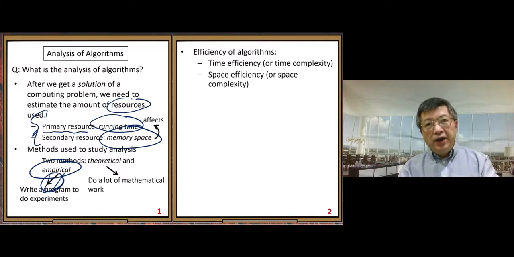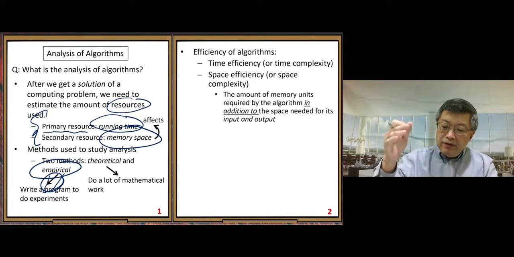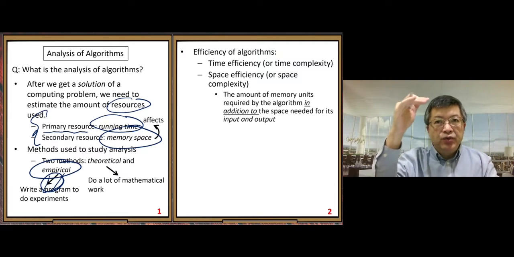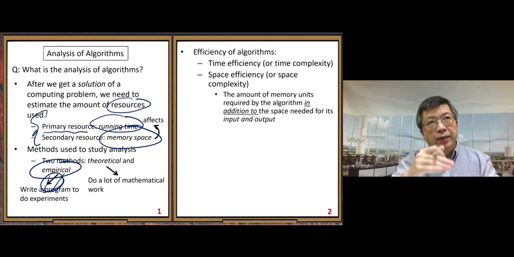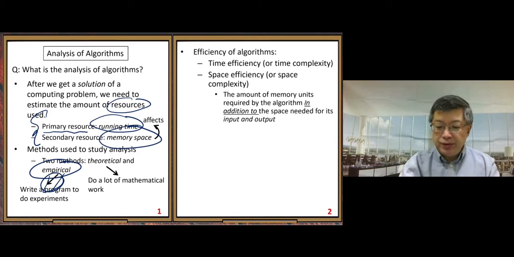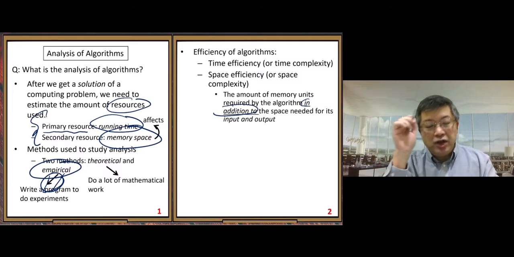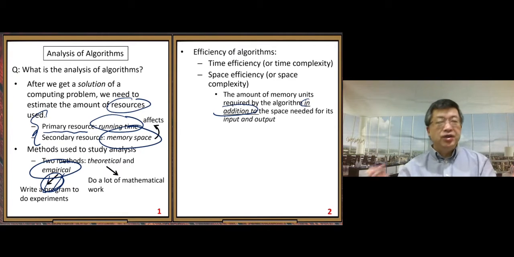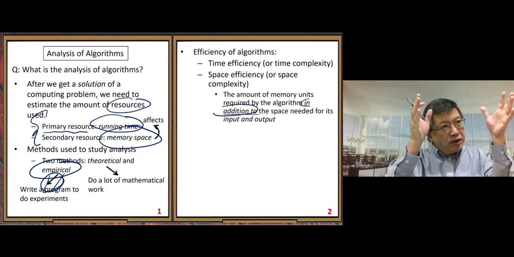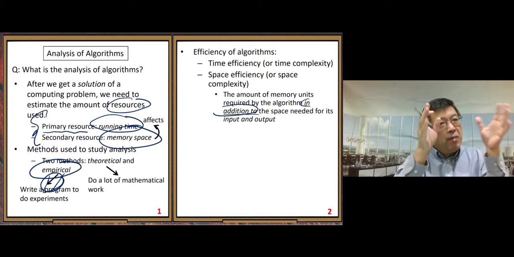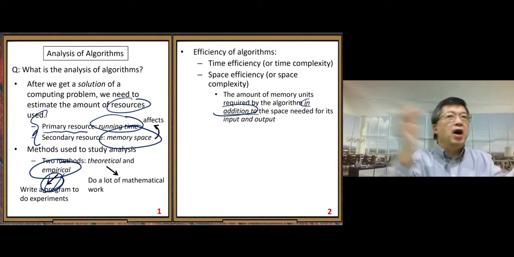Let's take a closer look at the space efficiency. It is the amount of memory units required by the algorithm in addition to the space needed for its input and output. Why in addition to? The reason is very simple. You need a certain amount of space for input and output, right?